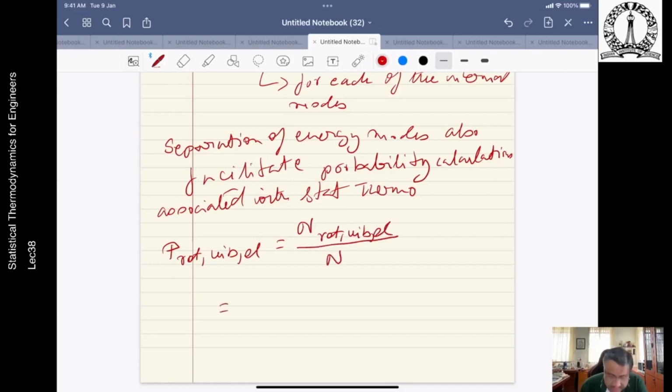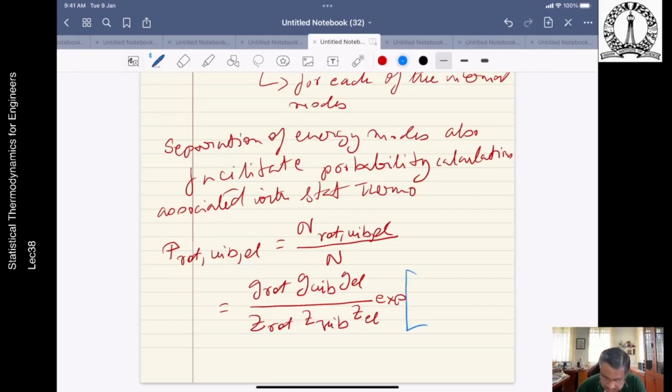This translates to g rotation, g vibration, g electronic divided by the corresponding partition functions Z rotation, Z vibration, Z electronic, and an exponential term, minus E rotation plus E vibration plus E electronic divided by kT.